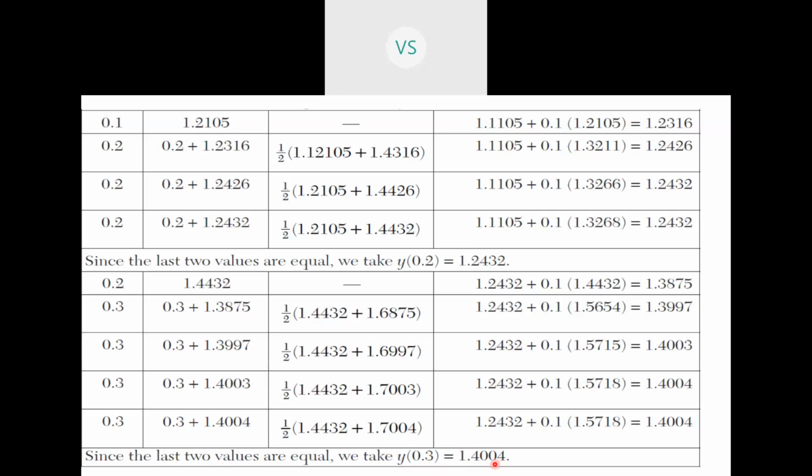In this way you have to find for different values of x, and go on finding y11, y12, y13 like this till accuracy gets satisfied. Only when accuracy gets satisfied do you go for the next value.